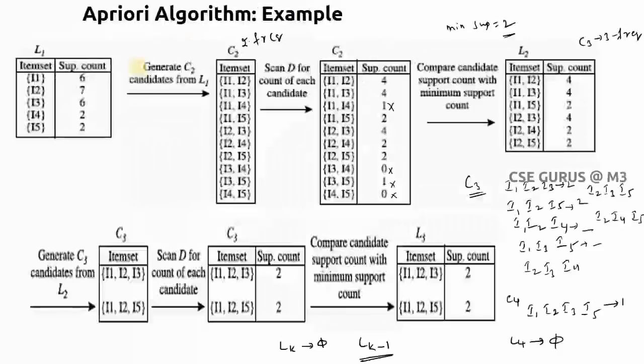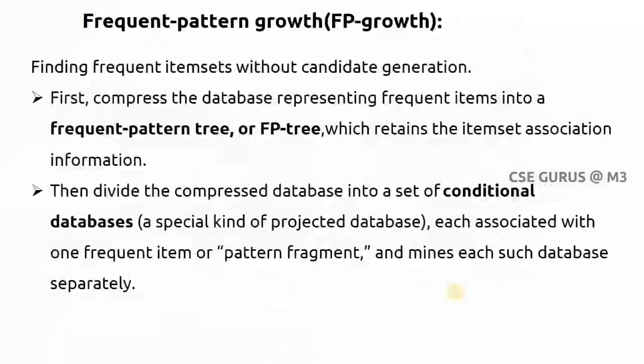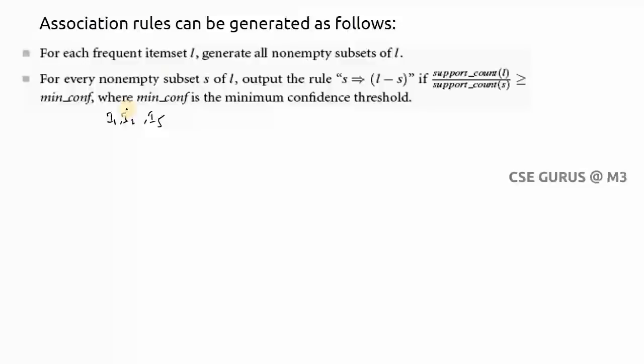Here we received two frequent item sets, that is I1, I2, I3, and the other one is I1, I2, I5. We'll take any one of these and generate strong association rules. So I'll take I1, I2, I5. For each frequent item set L, generate all non-empty subsets of L. So what are the non-empty subsets of I1, I2, I5?